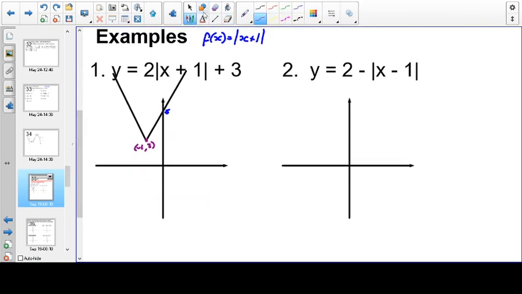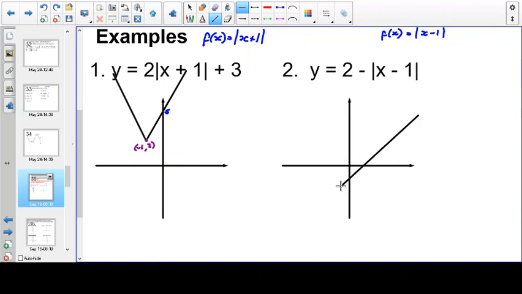Okay, so this next one, 2 minus modulus of x minus 1. So again, if you consider first of all just the modulus part, so x minus 1, well, that would come down with a positive gradient and go through minus 1, like that. So that would be at 1, that would be at minus 1.